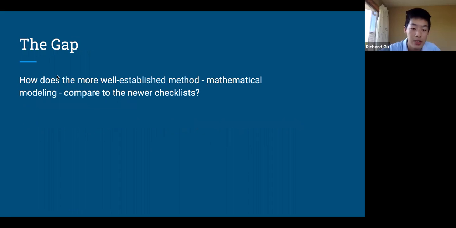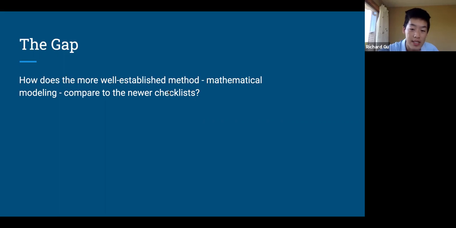So the gap: how does the more well-established method of mathematical modeling compare to the newer checklist? So for mathematical modeling, there's quite a bit of literature supporting their efficacy. They're known to be pretty accurate, but checklists, since the developers kind of sacrificed a little bit of the accuracy for speed, they're a lot more efficient.